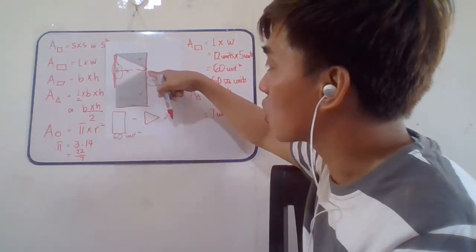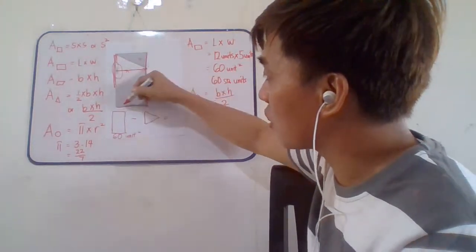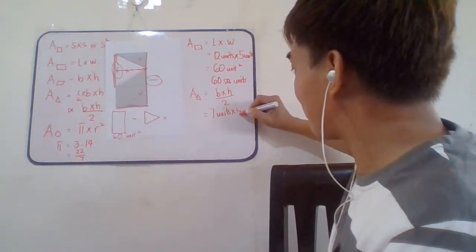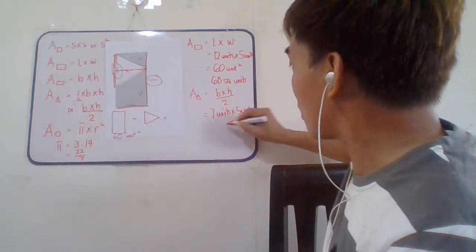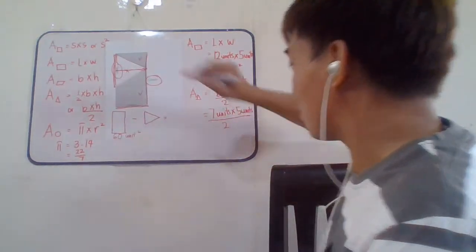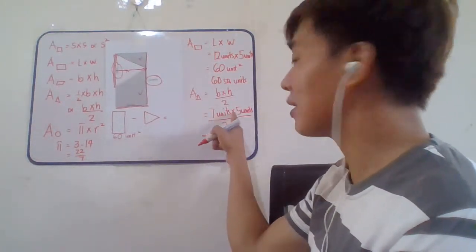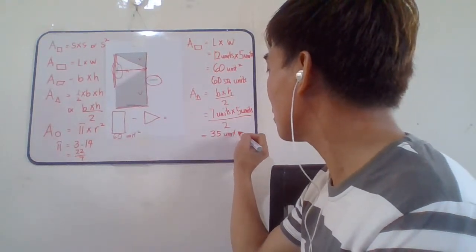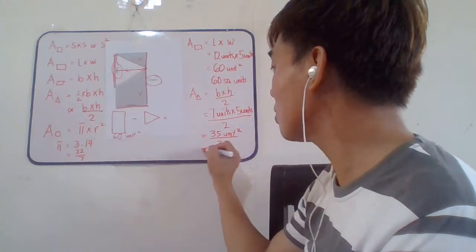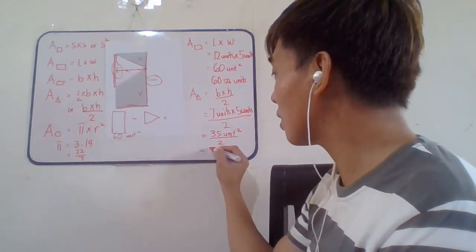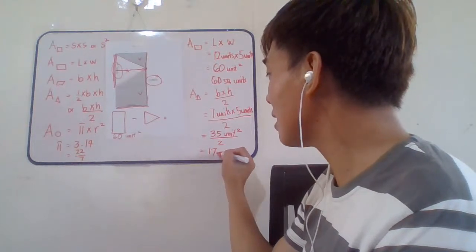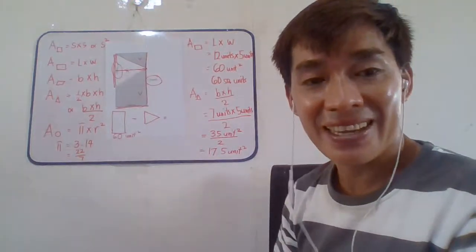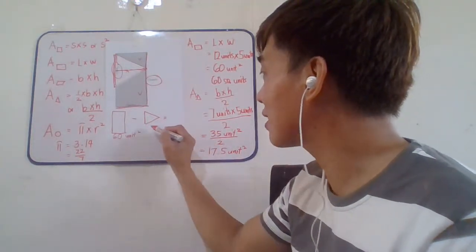The height here is also equal to the width of the rectangle, which is 5 units. So all you have to do is divide by 2. 7 times 5 gives us 35 unit squared, divided by 2, that will give us 17.5 unit squared. That's the area of the triangle.